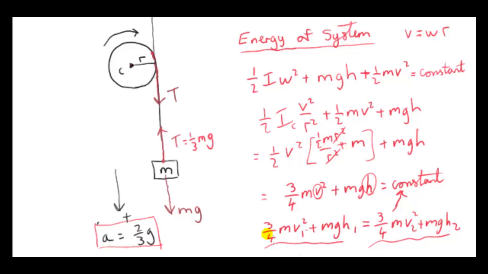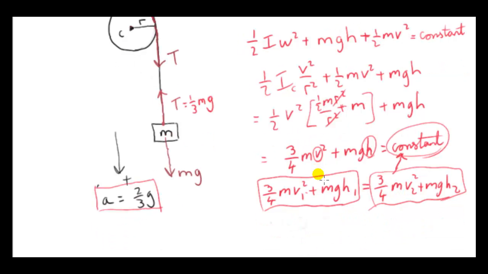If something's equal to a constant, then its value at one instant is equal to its value at another instant, where both are equal to this fixed value. So we've 4 unknowns, but if we know any 3 of them, suppose we know v1 and h1 at a particular instant, and we want the speed at a new instant when the height of the mass above a reference level is h2, we can just go and solve for v2.